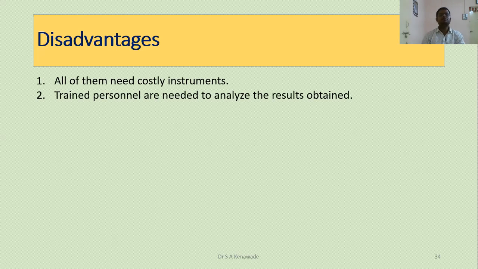Second, trained persons are needed to analyze the results obtained. Without a trained person, we cannot identify or analyze the sample. Hence, it is your chance to study spectroscopy hard. You can obtain a good job in the pharmaceutical industry to analyze samples.